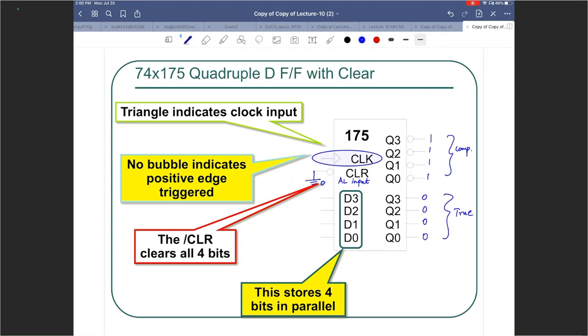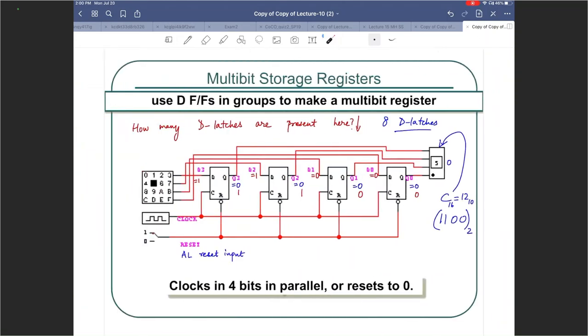So if I just ground that, I can use that to make all Qs go to 0 and all the Q complements go to 1. Then I have 4 inputs. This essentially stores 4 bits in parallel, exactly the same way we had over here. 4 bits getting stored into the register.